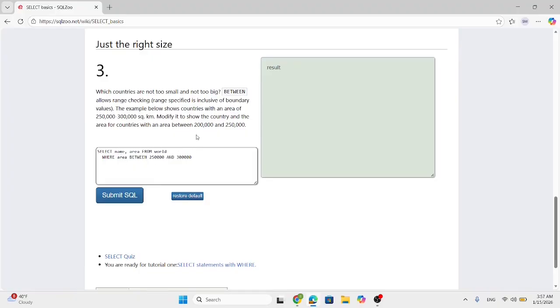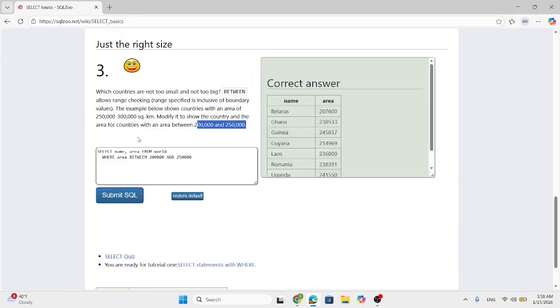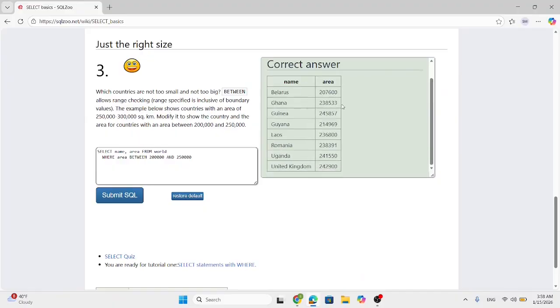What's wrong here? As you can see, we just need to replace it this way, because we need to get the countries and their area from the world database where area is between 200,000 and 250,000. The previous one was this, and right now we need to get between this and submit it. As you can see, this is the answer.